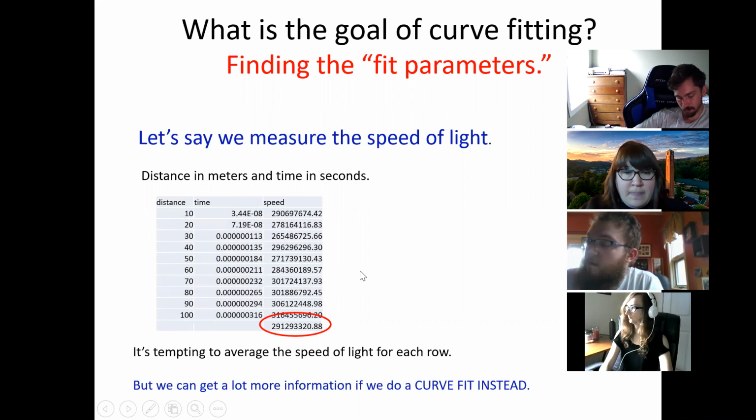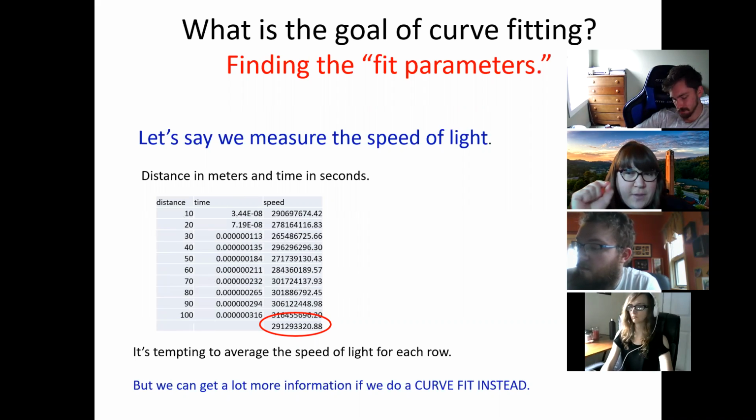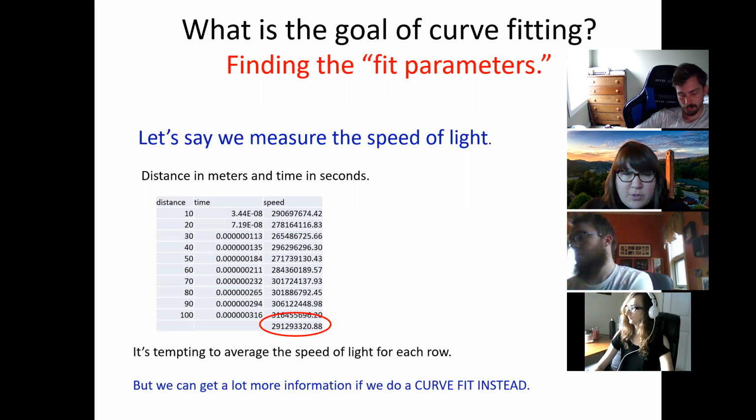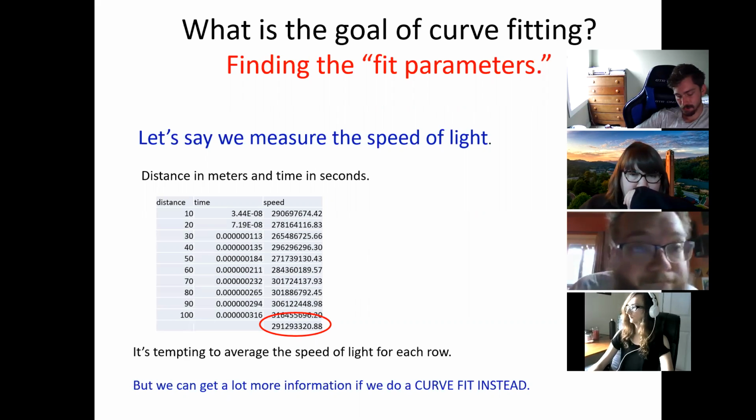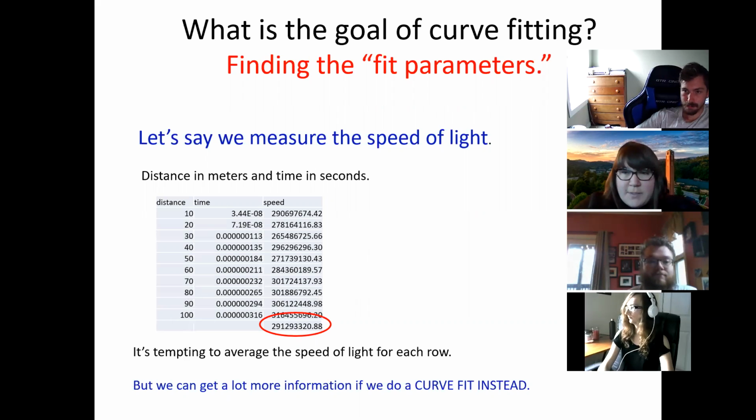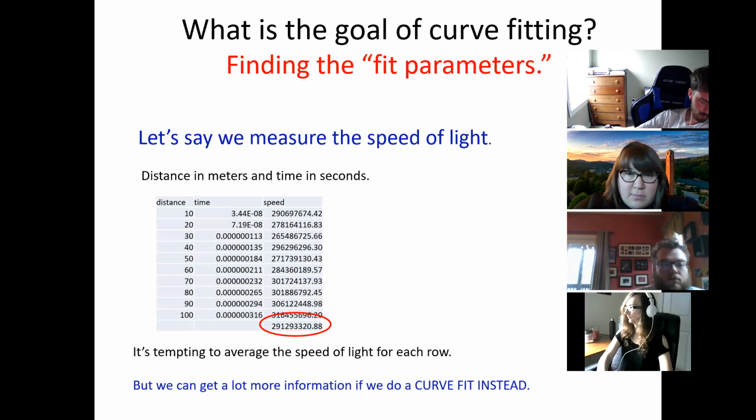And I calculated a corresponding speed of light for each of these rows. It's kind of tempting to calculate a speed of light for each row because we've done that a lot in our history of school, and then take an average of all those individual speeds of light that we measured. But as Sam was mentioning, we can get more information if we do a curve fit.